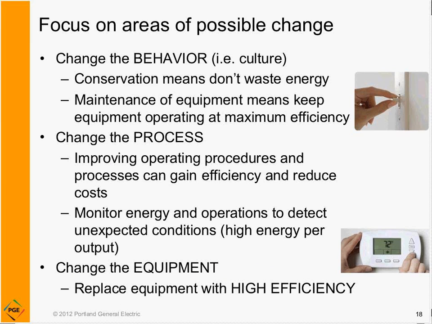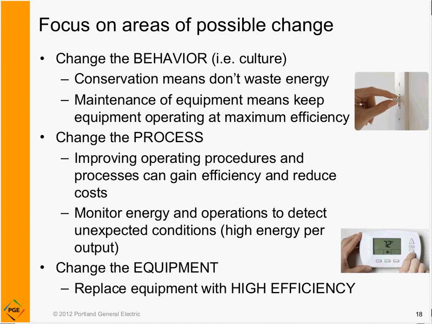Another dynamic of calculating energy costs, we talked about the importance of the H and the W and the K. There are probably 3 areas, I would say, that projects can be found where you can do some calculations. One is behavior. Conservation means don't waste energy. If you have a piece of equipment that's on a lot of hours and you know, in the example we just had, there's nobody in the building during those hours, that's a case of behavior.